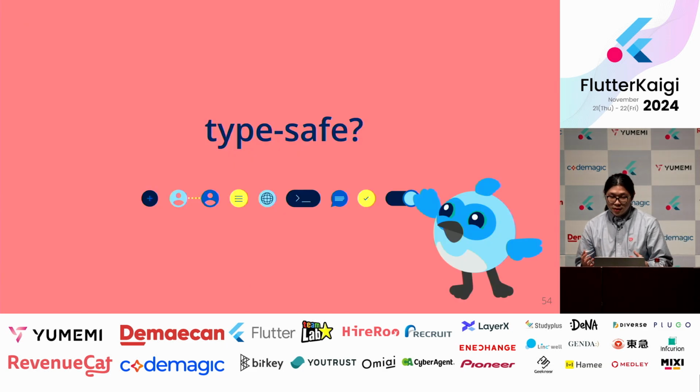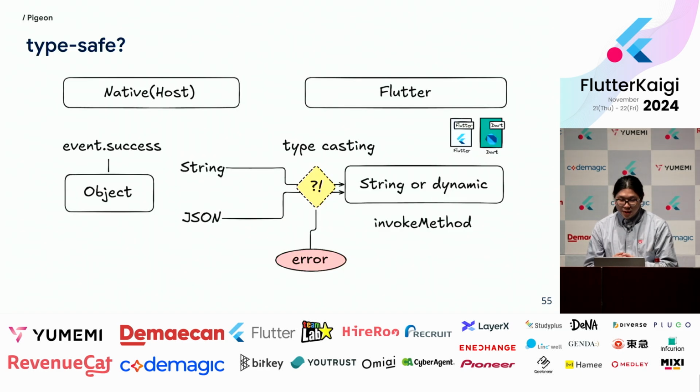When communicating between Flutter and native code, an important aspect is type safety. Let's explore why type safety is important and how we can ensure it in our implementation. If code that previously exchanged data as a string is suddenly updated to use JSON format, you may encounter an error during the typecasting in Flutter, resulting in the inability to receive the data.